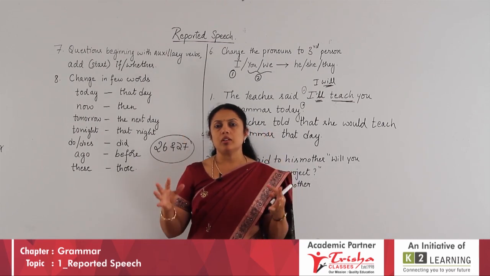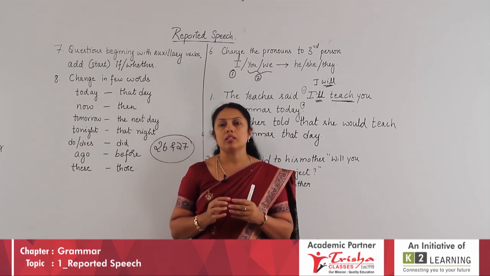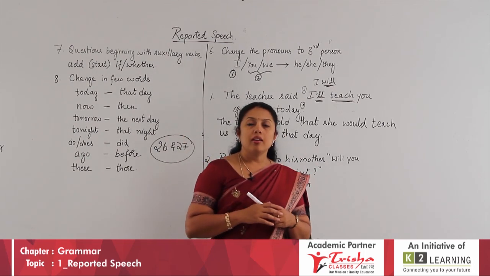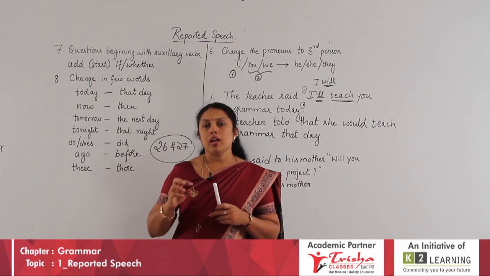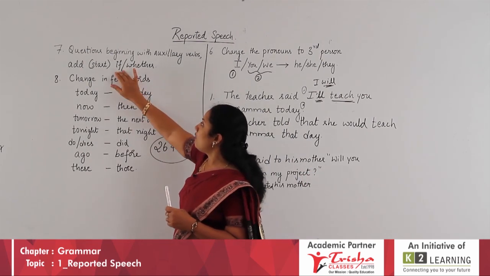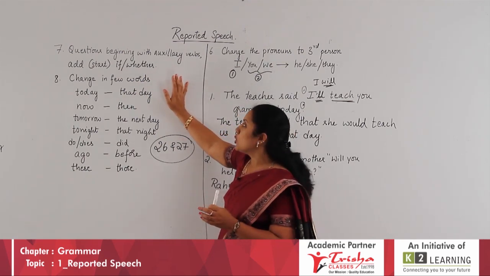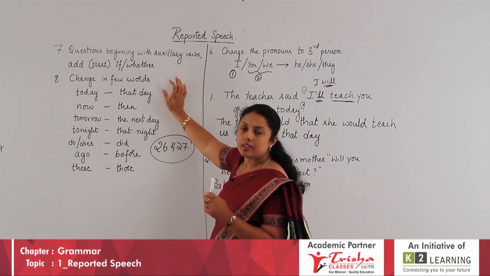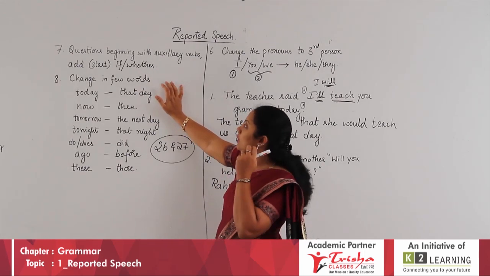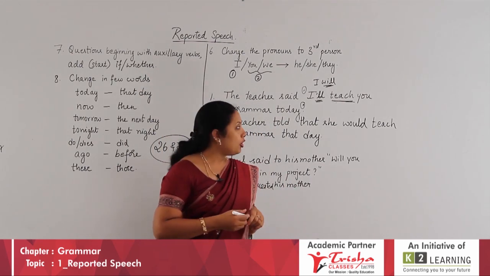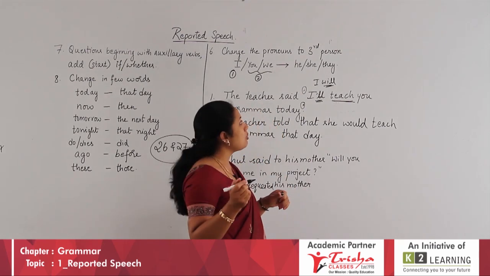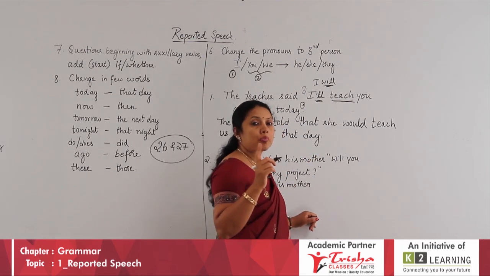Any question that begins with a primary auxiliary or a modal auxiliary has to have if or whether in it. When you're changing, you will add these two words. They are the linking words, and that will be if or whether. For your sake, let me make a very small and quick note of the auxiliary verbs.